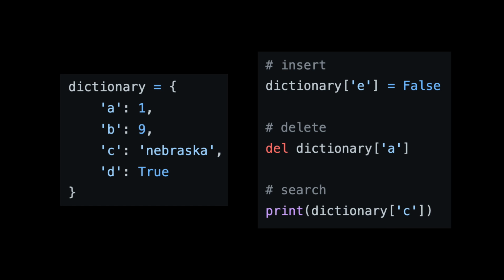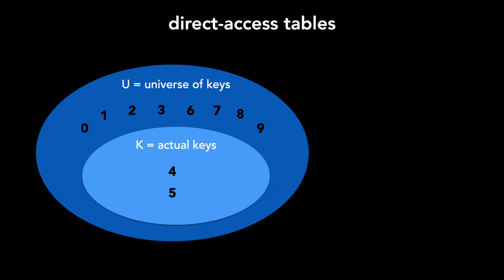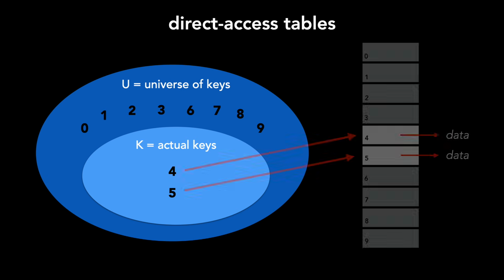Let's talk about our key value mapping implementation. To do this, we'll start by exploring a similar concept to hash tables called direct access tables. With direct access tables, we have a universe of keys shown on the left. Some of the keys are in use and they point to data.